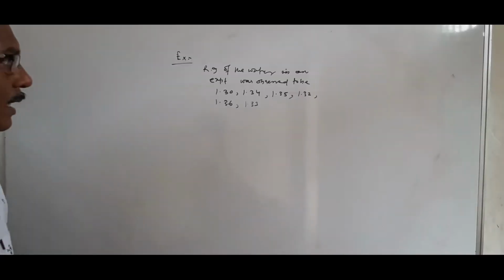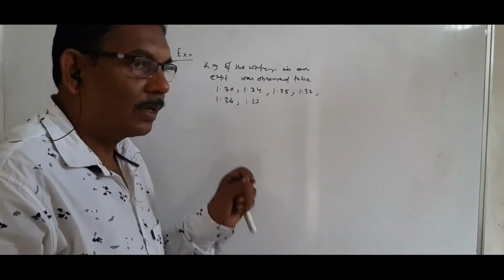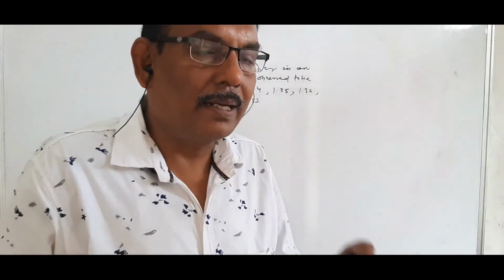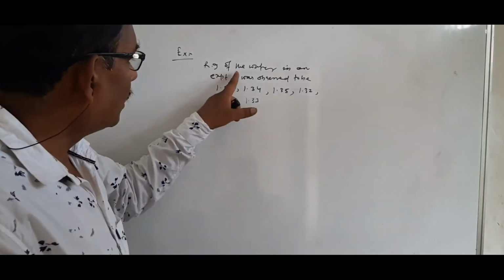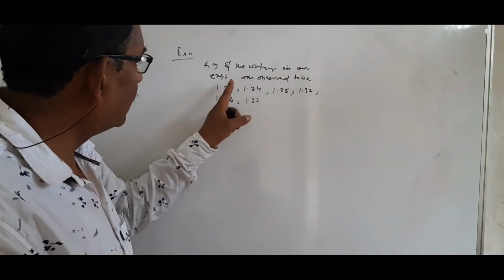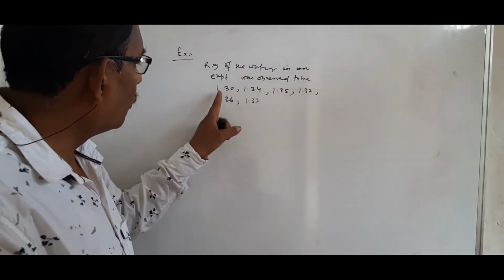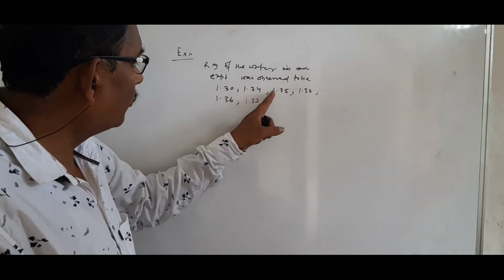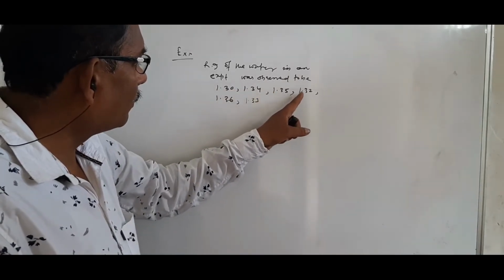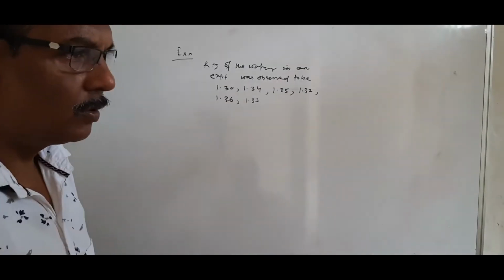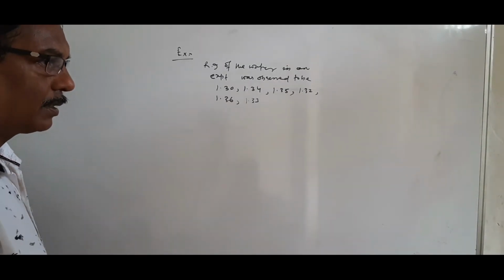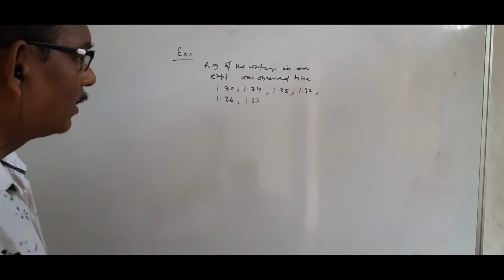Clear? Take one example to calculate the relative error and the percentage error. The refractive index of water in an experiment was observed to be 1.30, 1.34, 1.35, 1.32, 1.36, 1.33. So look at the steps, how to calculate one by one.